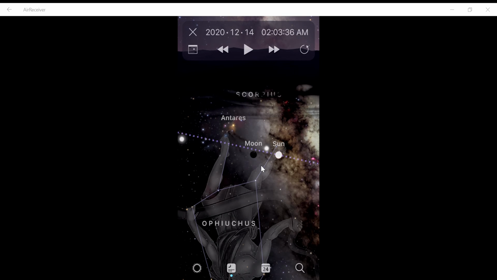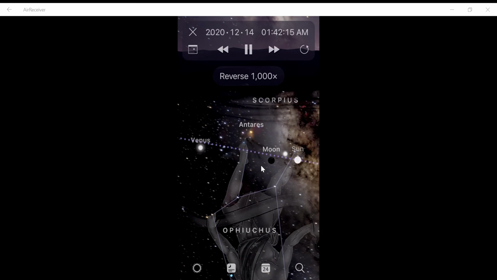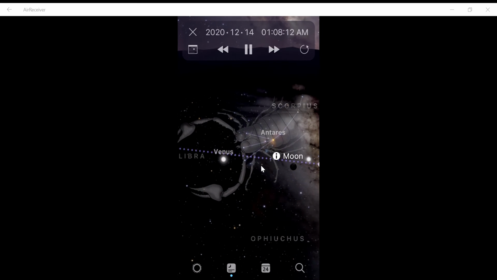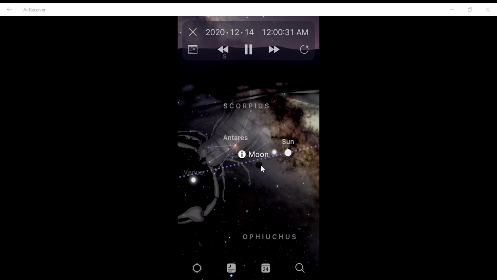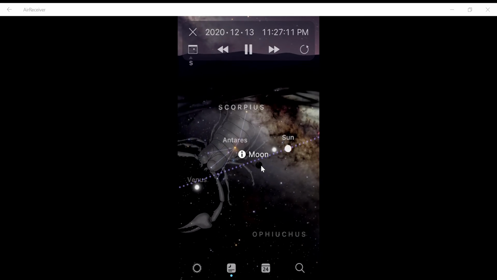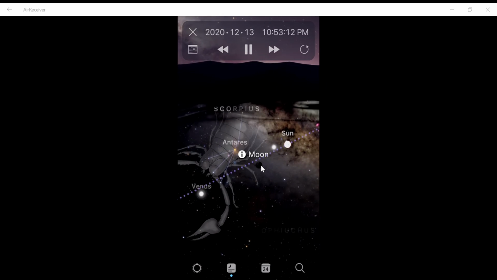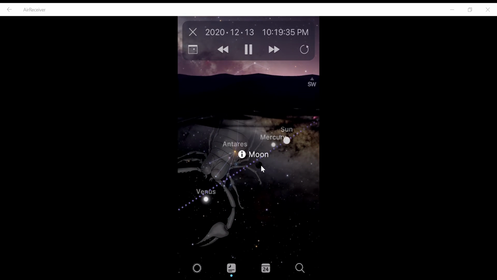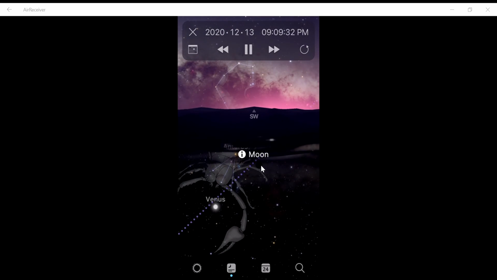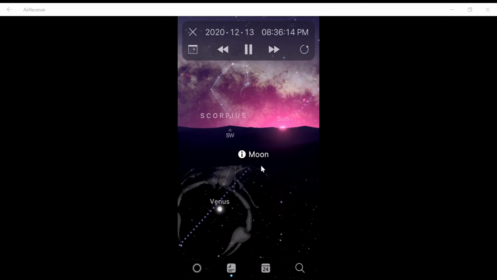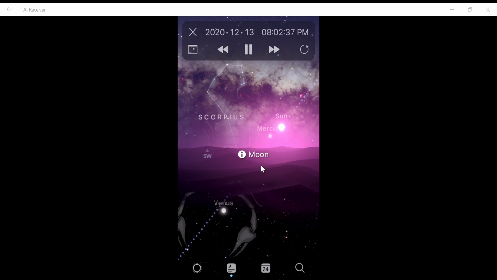Okay, so let me go ahead and run the simulation. I'm going to back up a little bit, and I'm going to lock on the moon, right? What you see is the moon is just below the horizon, but here the location is the southern hemisphere, and so the definition of below kind of changes.